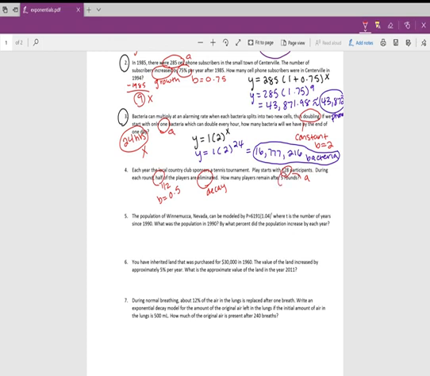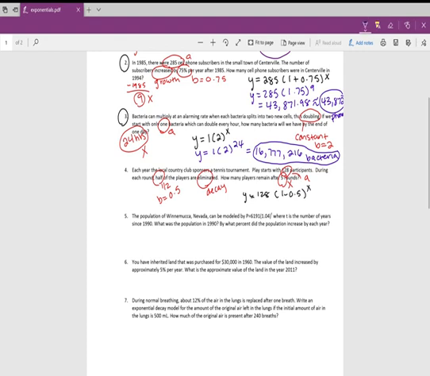It lasts in rounds, so this is our X value. Okay, so since this is a decay, this is going to be 1 minus. So we have Y is equal to A, which is 128, times parentheses 1 minus 0.5, to the power of X.